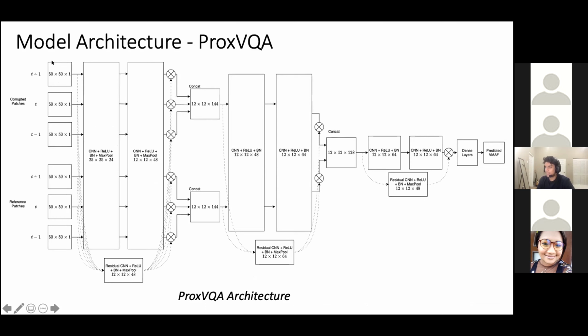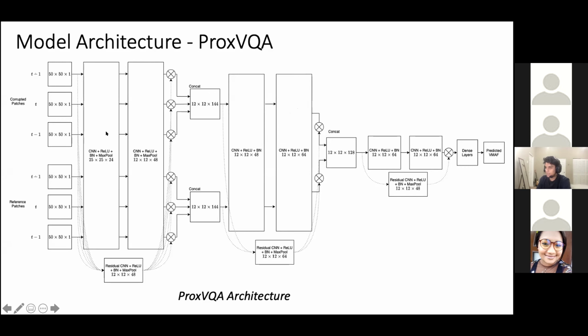This, on the other hand, is the architecture for the proxy VQA, which is the temporal version of VMAF, or the estimated temporal version of VMAF. So we have the output restored patches here, as well as the reference patches. These are processed individually, spatially, and then concatenated with each other, and then processed again to form some temporal characteristics. And this is done for both this restored branch and also reference branch.